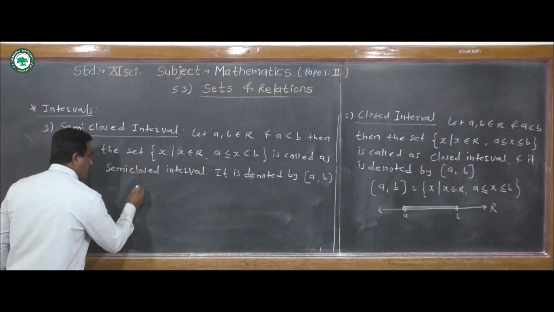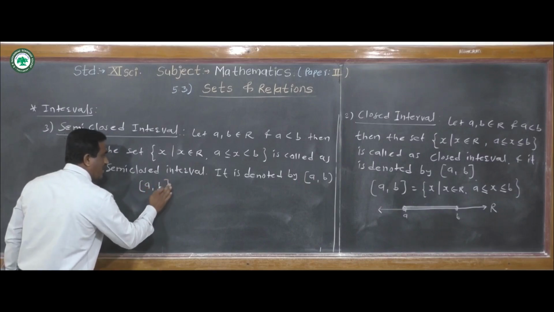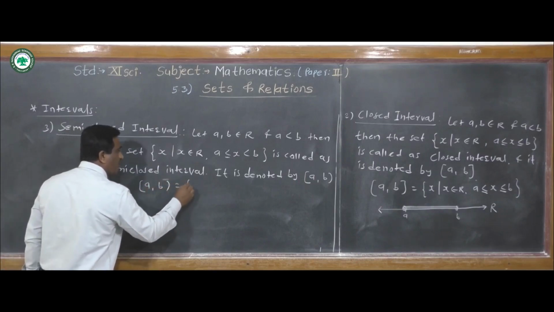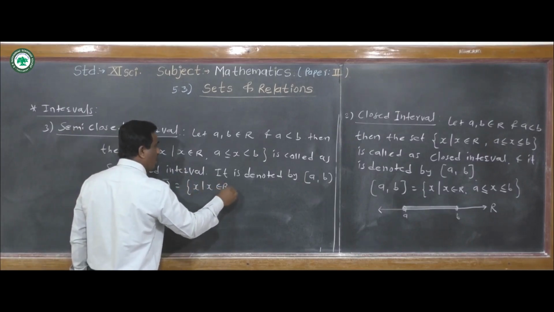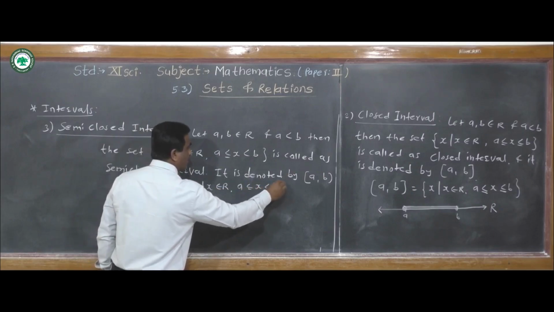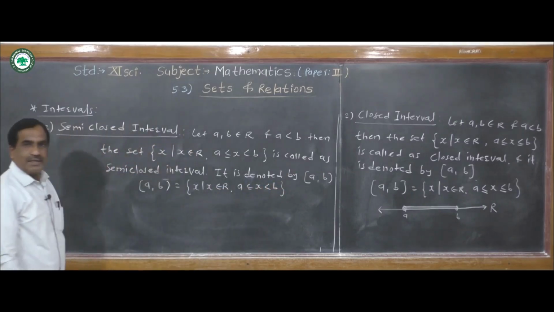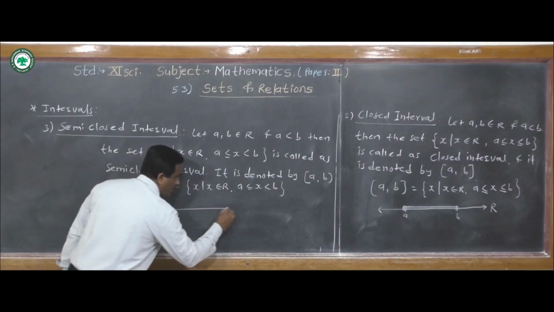Mathematically we can represent this as [a, b) equals {x such that x belongs to R, a less than or equal to x less than b}. Graphically we can draw the graph on a number line.